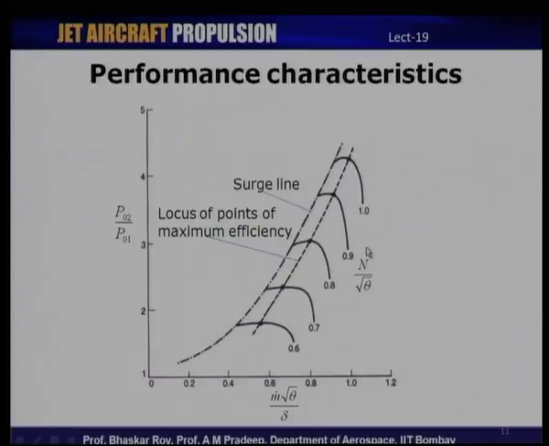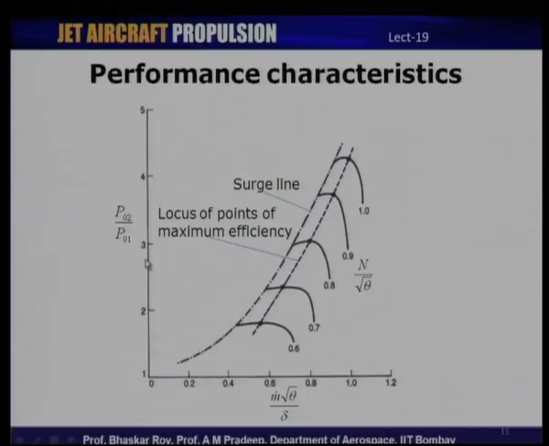As we approach higher and higher speeds, the performance is affected by choking, which means that we have a very narrow band of operation between surge and choke for higher speeds, which is not the case at lower speeds. At lower speeds, the performance characteristics are flatter and there is a larger band of operation of the compressor.